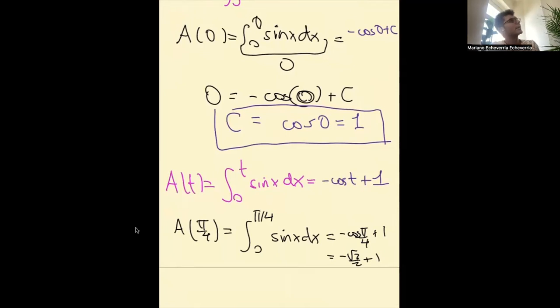This is an example where you see this constant, called the constant of integration, is not 0. Because on Monday you'll have the exam, on Tuesday, once we come back to this topic, I'll tell you more precisely the algorithm.